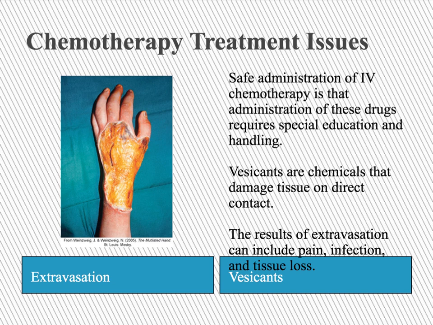This is a picture of somebody who's had a chemical burn from extravasation of a chemotherapy drug. So it can literally burn the tissue that it leaks out into. That's why a nurse who administers chemotherapy has to have special training and certification, because of these big side effects and big safety concerns with administration of chemotherapy.